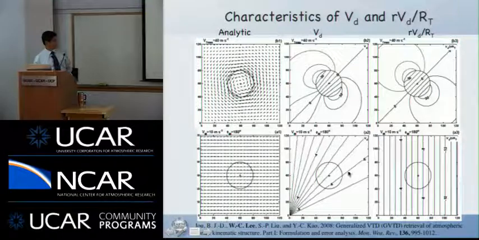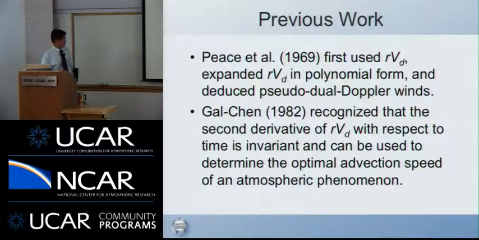However, if you display the velocity in this r times vd framework, it becomes a set of straight, parallel lines. Okay. So this result made us think, in addition to applying this framework to a vortex situation, can we apply it to a more general non-vortex situation? So that led to this presentation.